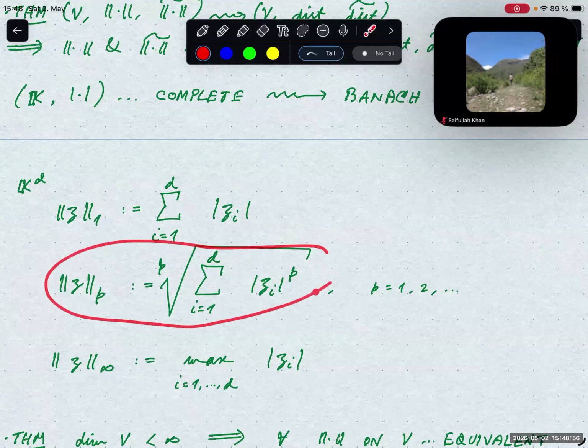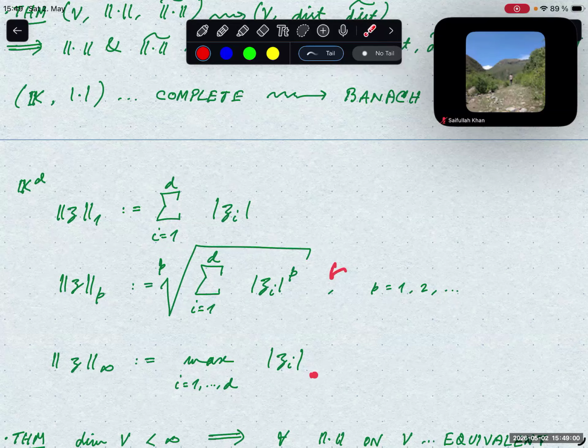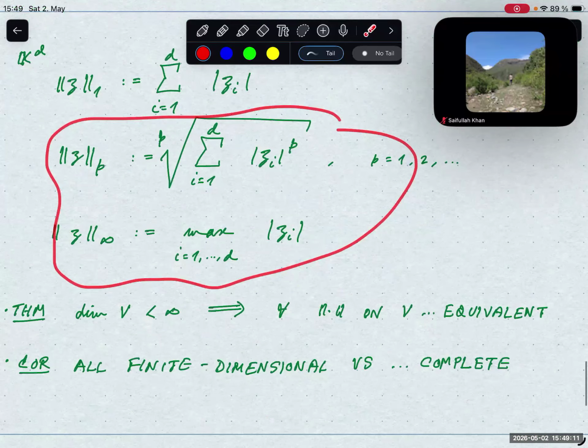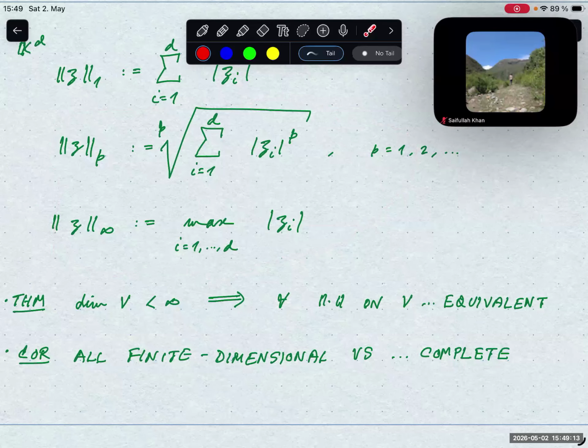But this is a norm, you can use this. This is another norm. So why not use this one? Why use this one? Or how do we decide which norm to use? Sometimes there is a choice, sometimes we don't have one. So that's why we introduce several norms, and then the result is that if you're in finite dimension, you may have different norms. If not, then of course there is no discussion. But if you have, then they will be equivalent as a metric space.